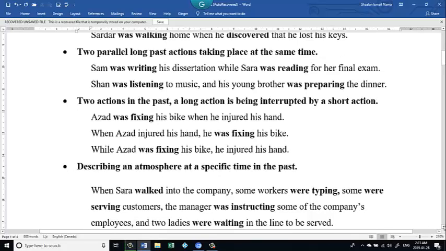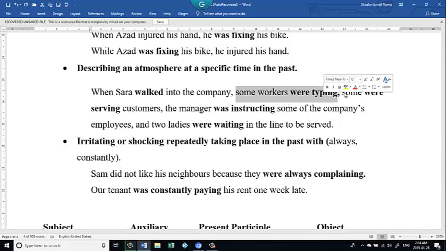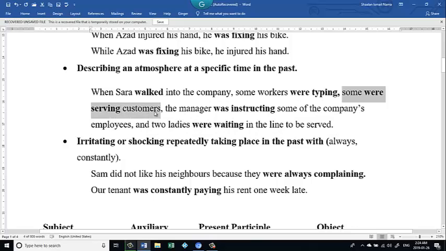Okay, let's continue. Describing an atmosphere at a specific time in the past. For example, maybe you have to tell a story or something. When Sarah walked into the company, some workers were typing, some were serving customers.